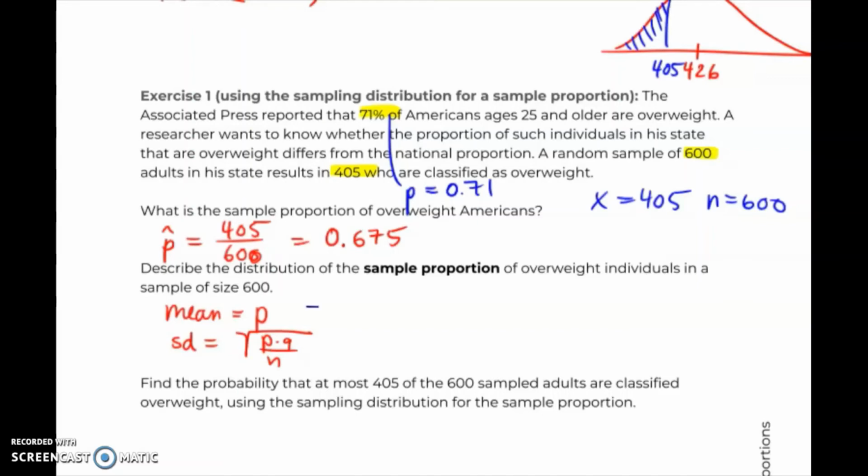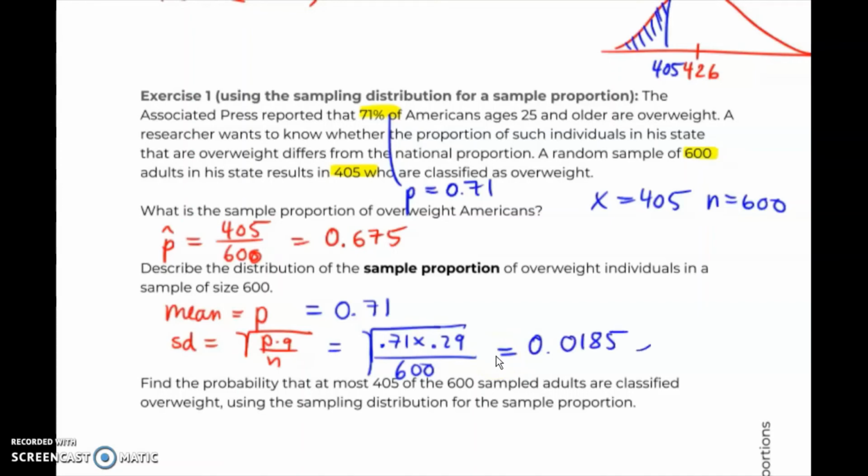So our population proportion is 0.71, and our standard deviation is the square root of 0.71 times 0.29 divided by our sample size of 600, which is 0.0185.